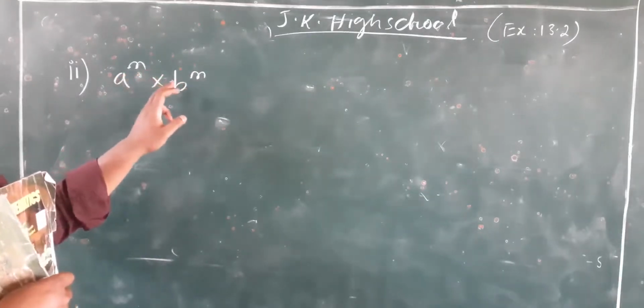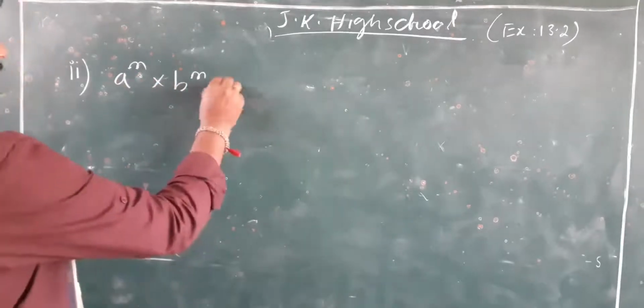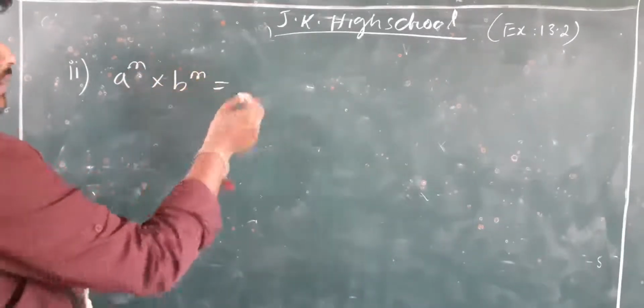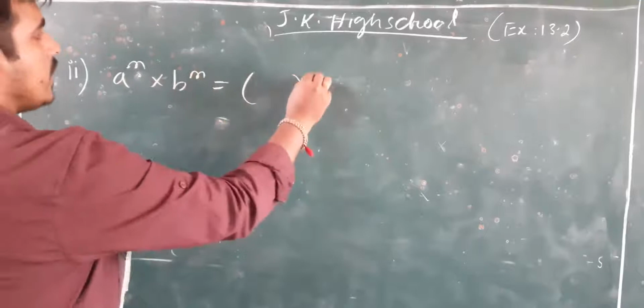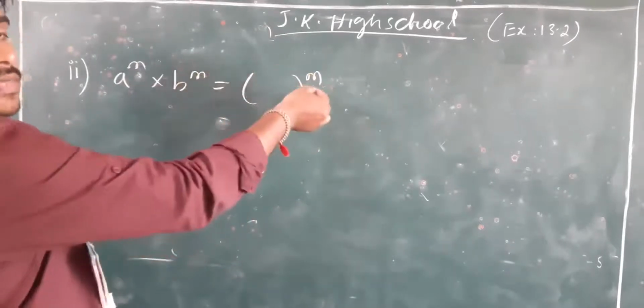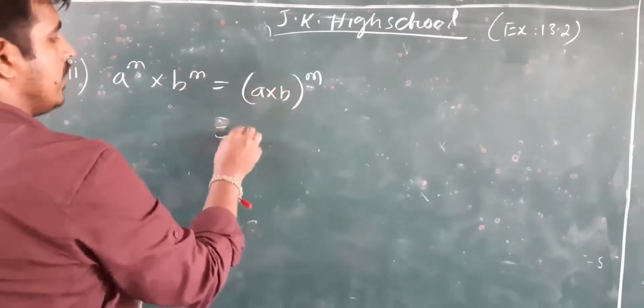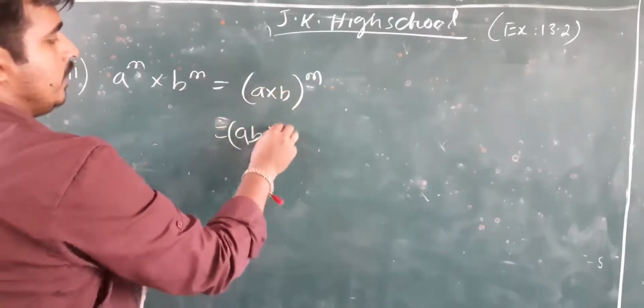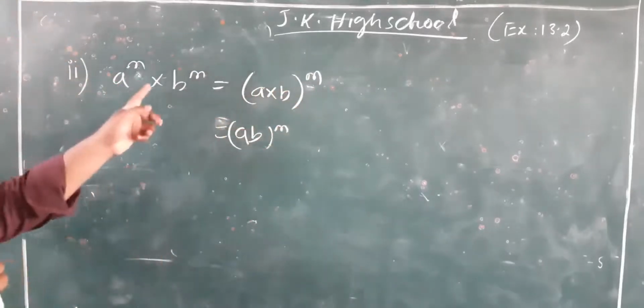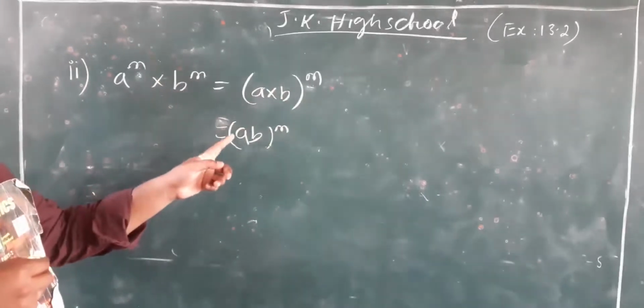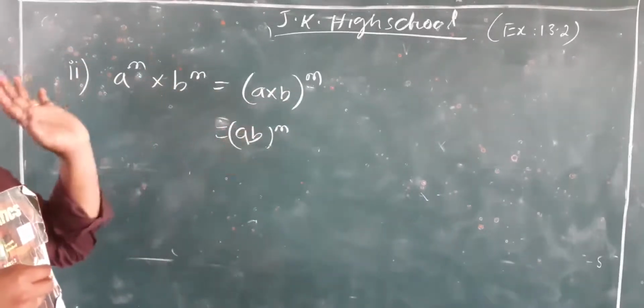Here the base is a, here the base is b. In this case, you can take the power m common, outside, and inside you will get a into b, that is ab, whole raised to m. So a raised to m into b raised to m is equal to ab whole raised to m.